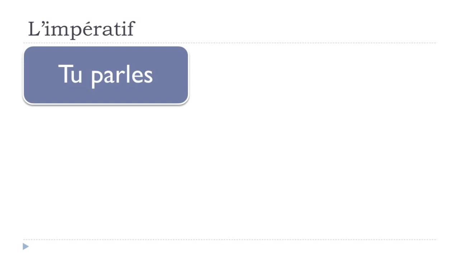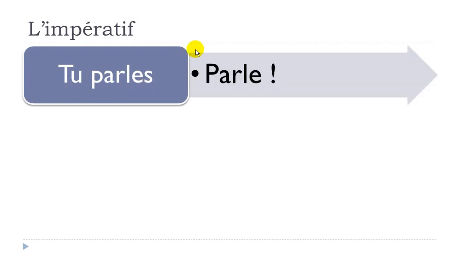In that case, for the imperative, it will be the tricky group. For instance, in the present form, we've got tu parles, the present form of the verb parler, to talk, from the first group. If we want to make the imperative form, it will look like that, parle.